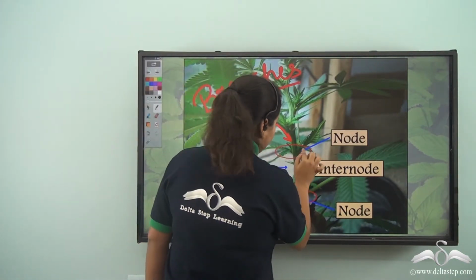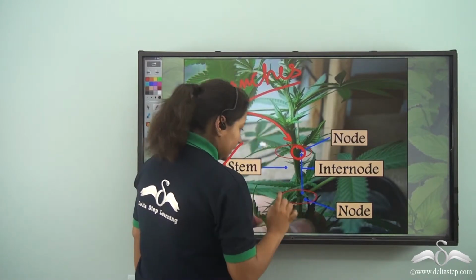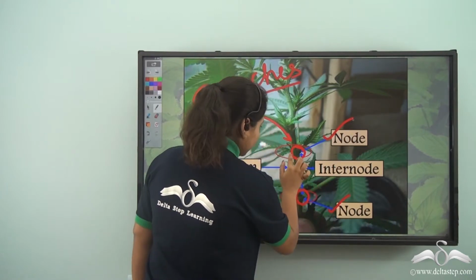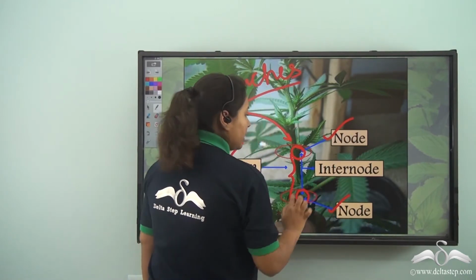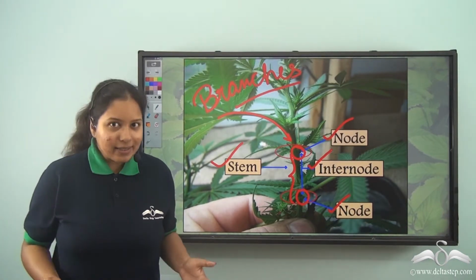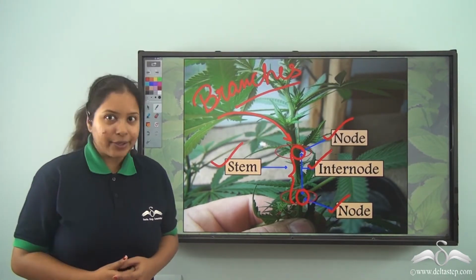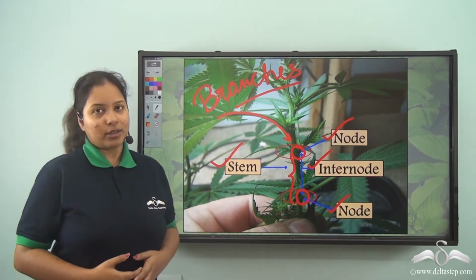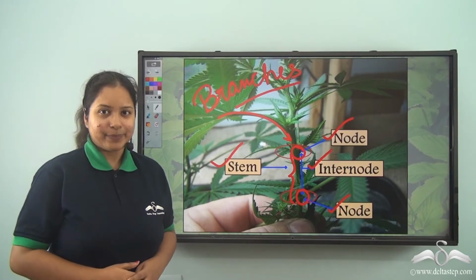Now, the place from where the branch is attached is known as node, and the distance between two nodes is known as internode. So now, my dear kid, I am sure you're clear about the body of our plant friend and what are their hands.